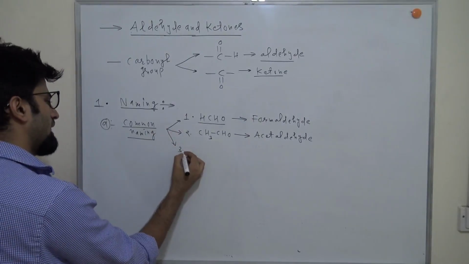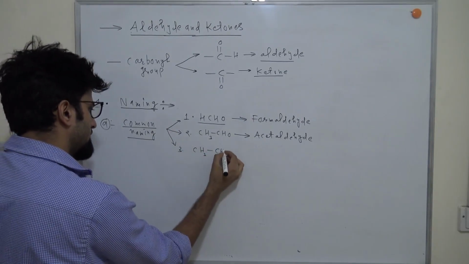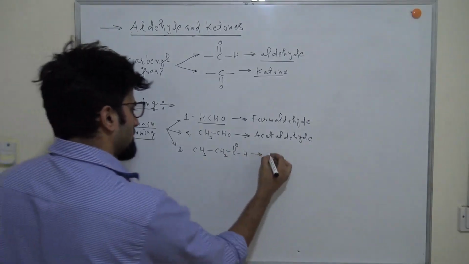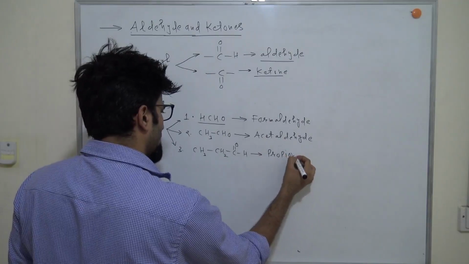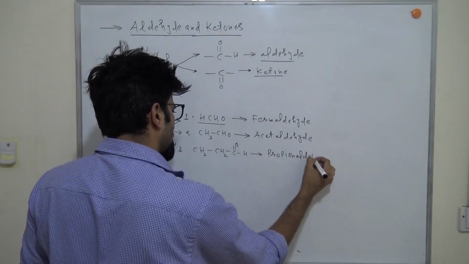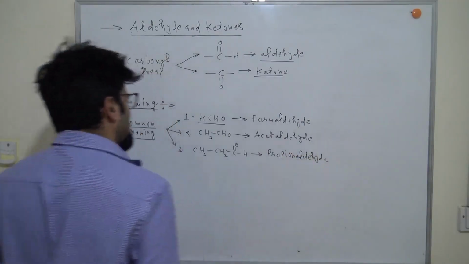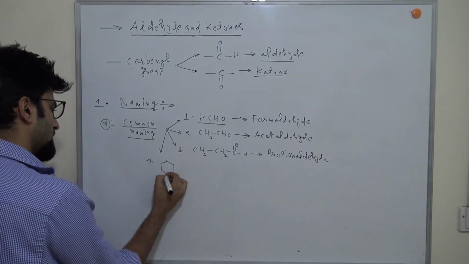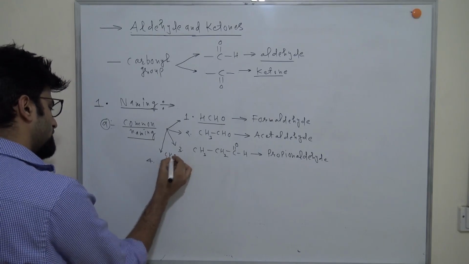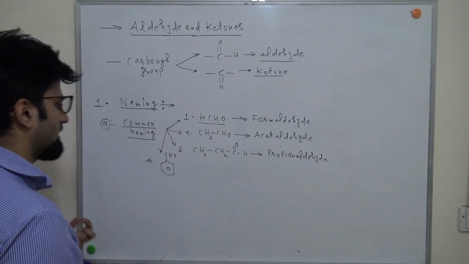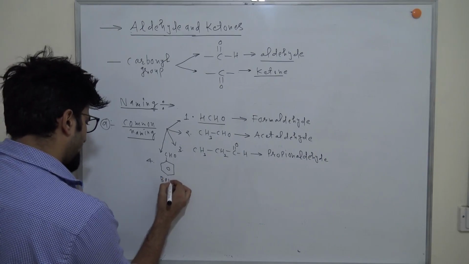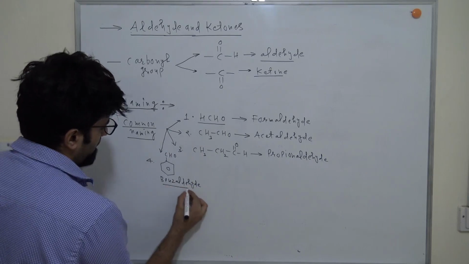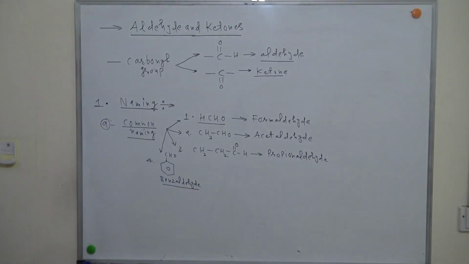Similarly, we have the compound CH3CH2CHO. Its name is propionaldehyde. Understood? Similarly, we have benzene with CHO, whose common name, or even its IUPAC name, is the same: benzaldehyde.